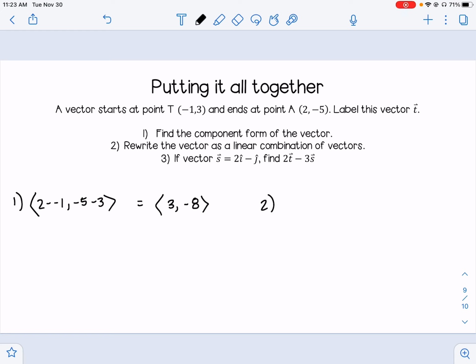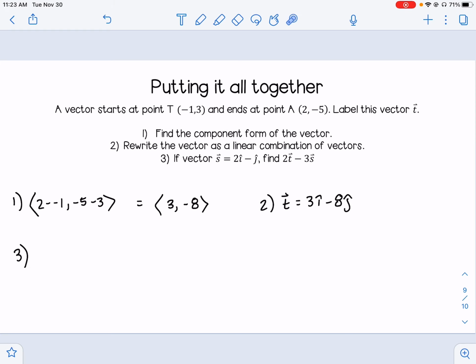Step 2 then says to rewrite it as a linear combination of vectors. Once again, really scary wording. It just means to write in ijk notation. So I'm going to rewrite t as 3i minus 8j. That's all we're doing here, that rewrite.